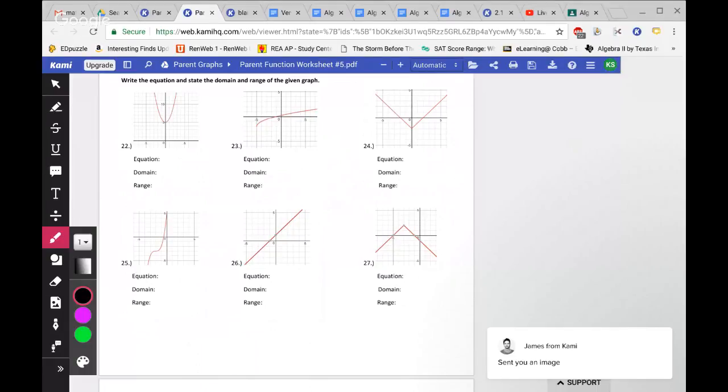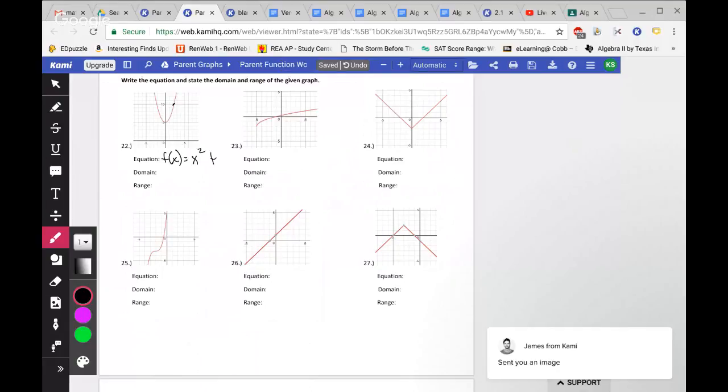Would it be f of x equals x... No, it would be just x squared plus 5.